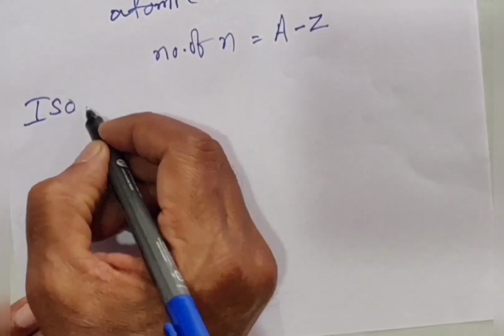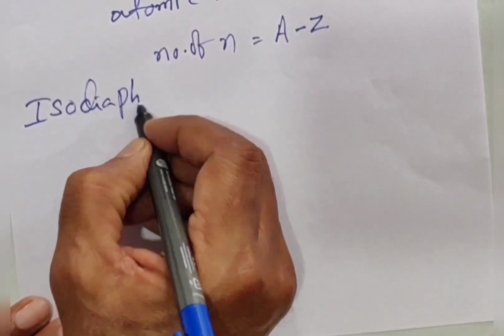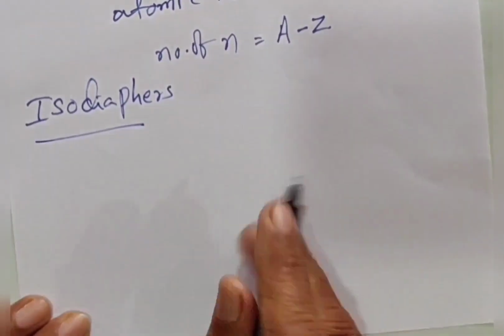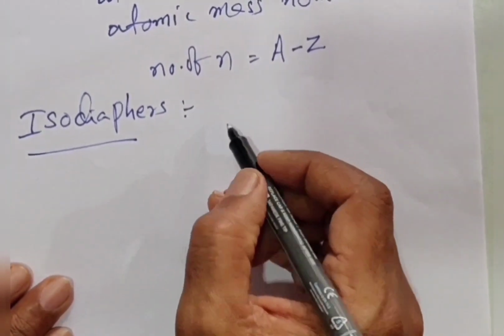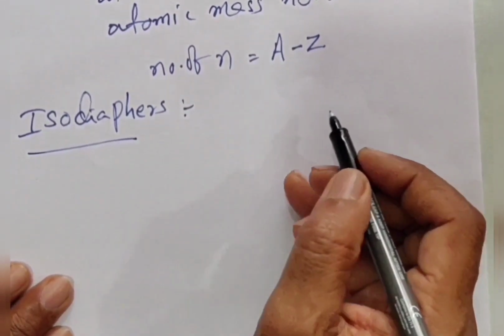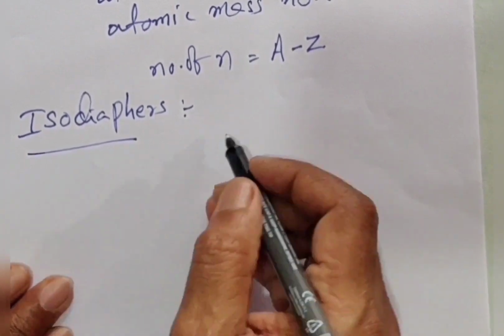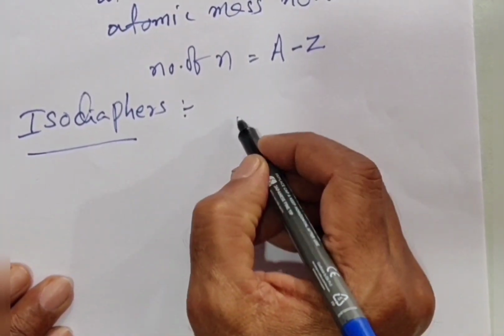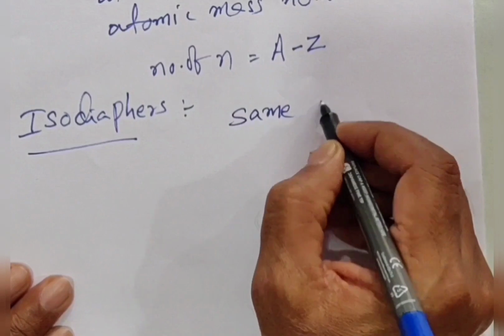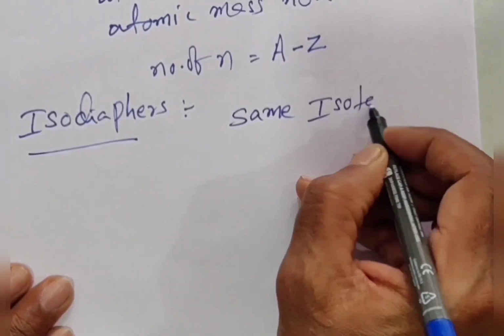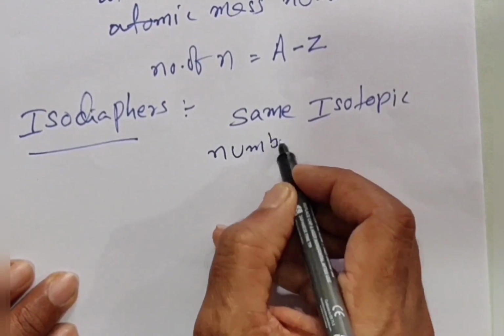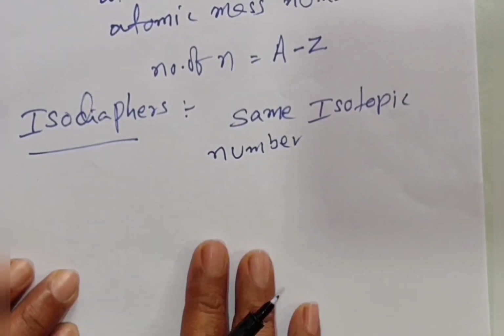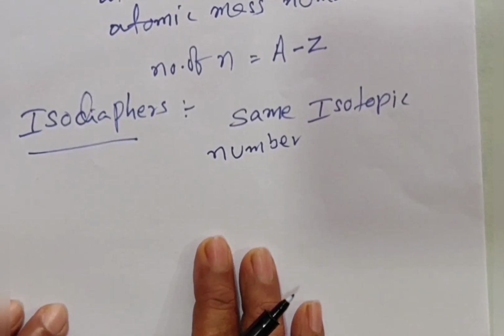Next, another important term, isodiaphers. You have to remember it in a simple way; it is very easy, dear students. Species which have the same isotopic number are called isodiaphers.